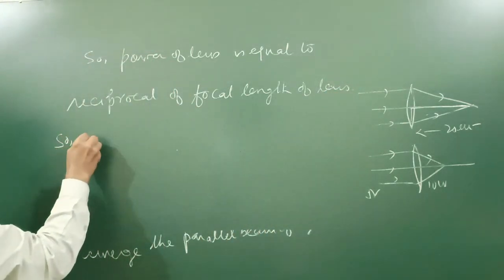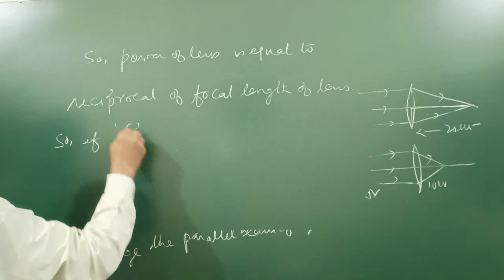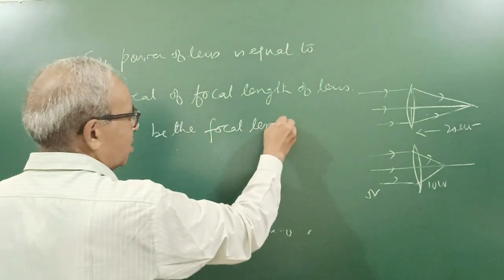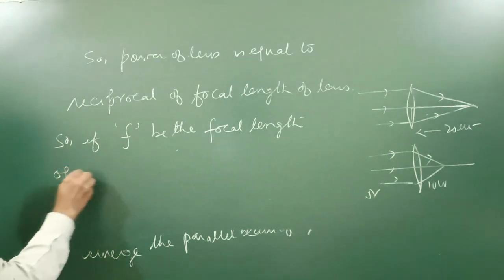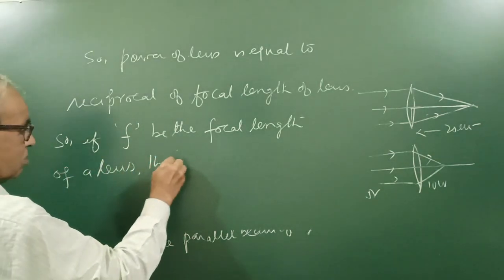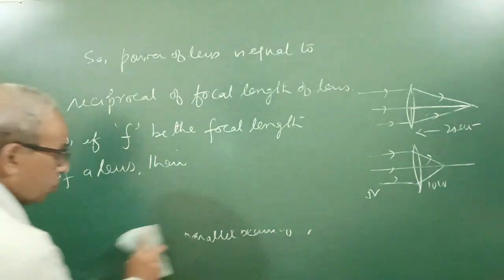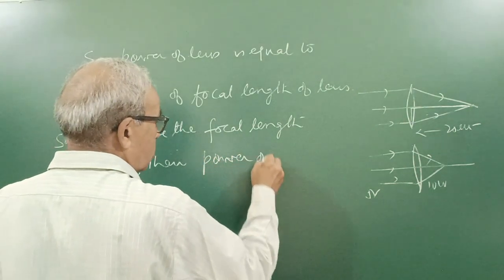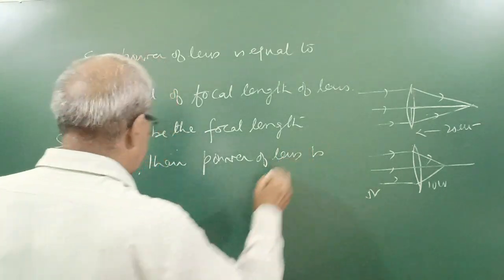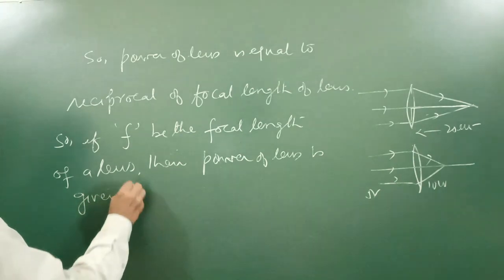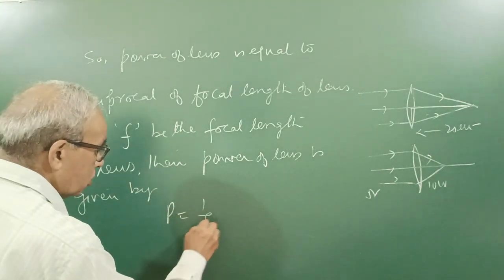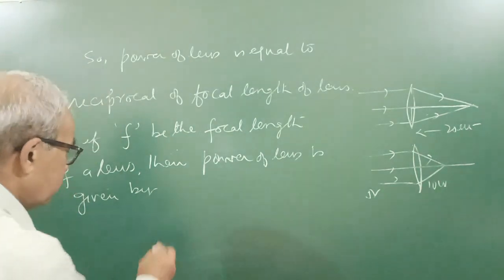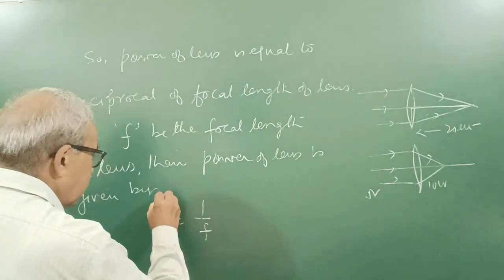So if small f is the focal length of a lens, then the power of the lens is given by P equals 1 upon small f.